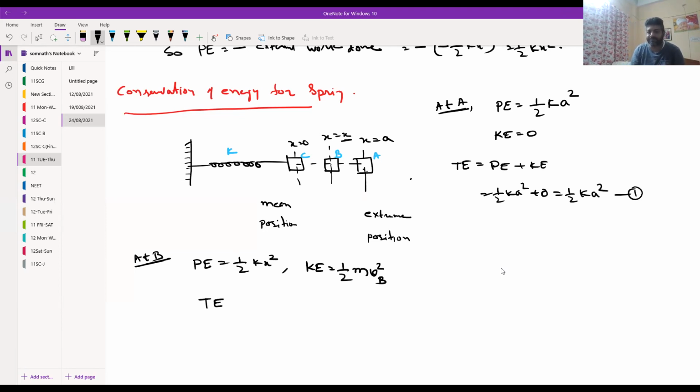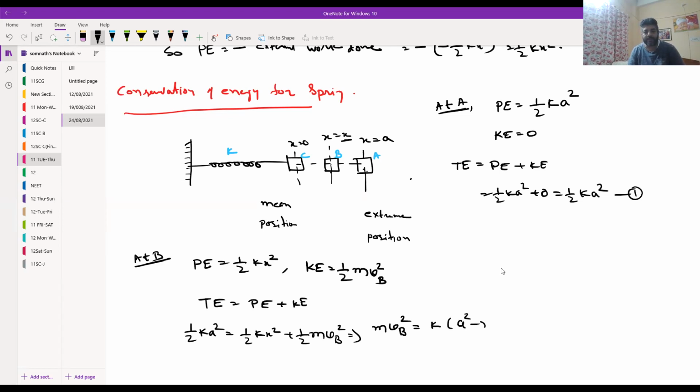Total energy, potential energy plus kinetic energy, so total energy is half k A square, মানে আমরা আগেই মেনে নিলাম energy conserve. Potential energy is half k x square, kinetic energy is half m v_B square, which means half কেটে গেল, তাহলে m v_B square equals k into A square minus x square, so v_B equals to root under k by m into A square minus x square.